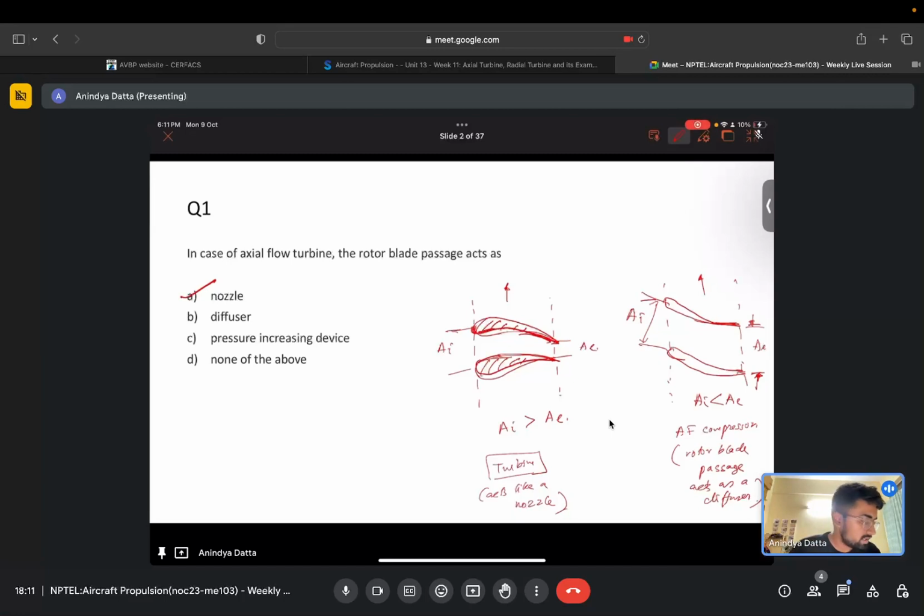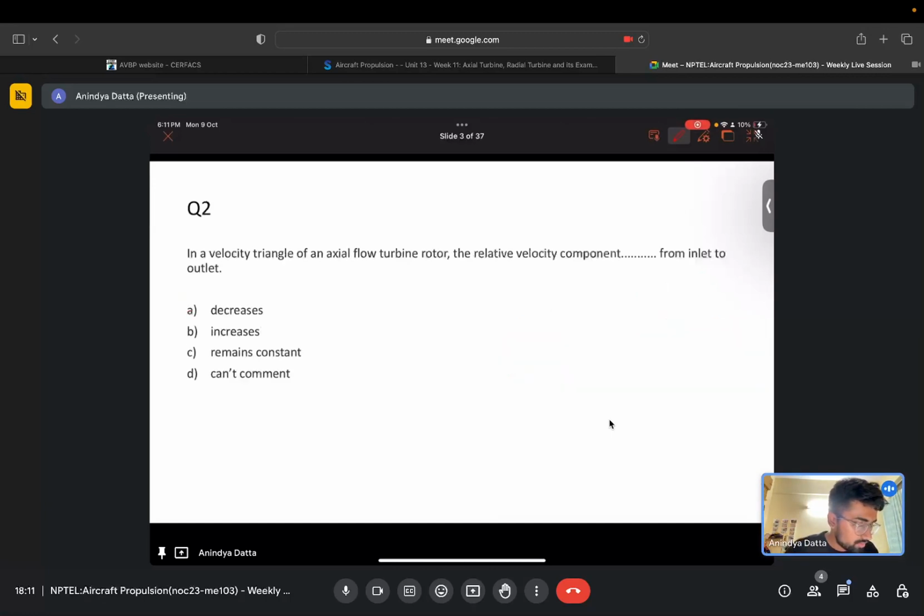Since here the flow is subsonic, Mach number is less than 1, the converging area passage, which is the rotor blade passage for turbine, acts as a nozzle, and the diverging area rotor blade passage for compressors acts as a diffuser. Okay, all right, so moving on to the next question.